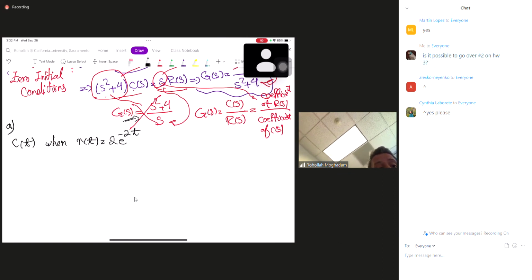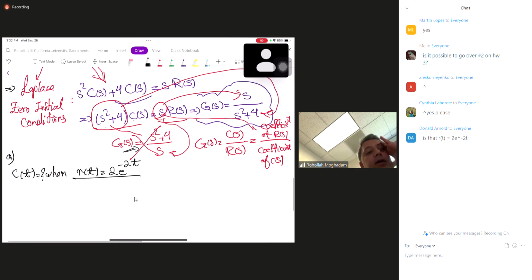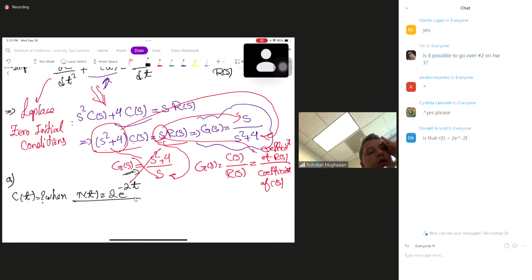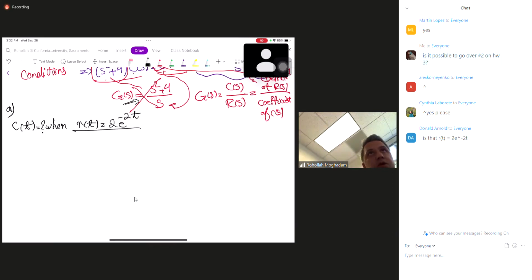All right. So the next part is when we want to find the output when we apply a specific input to the system. Many students put the right answer for the first part of this quiz question, but didn't do the correct procedure for the second part.